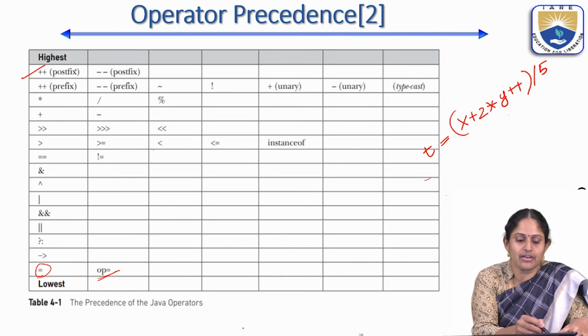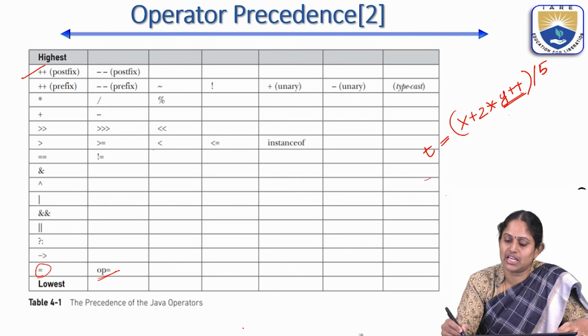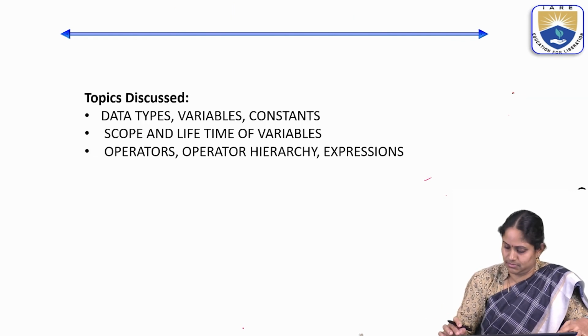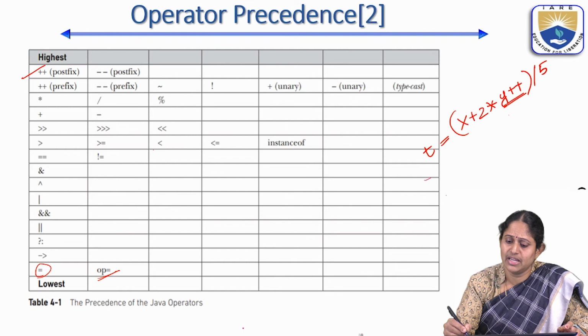If we have a postfix expression, first we have to evaluate that. Let's say x is equal to 0 and y is equal to 1.